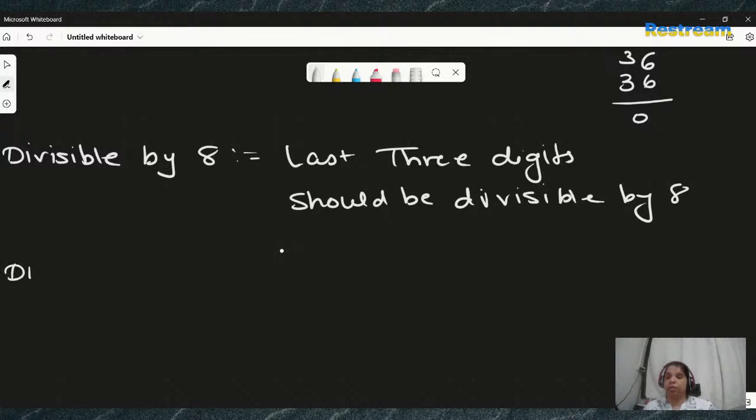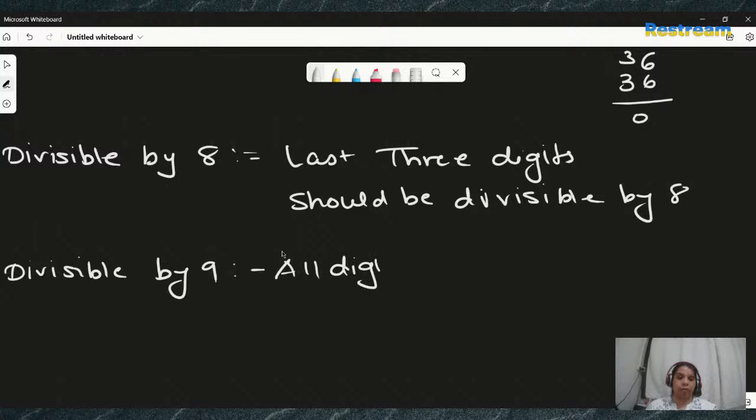Next one is divisible by 9. So for divisibility by 9, all the digits of a number should add up to 9. That's the only rule. All digits add up to 9. Okay, so let's say I have a number 342.